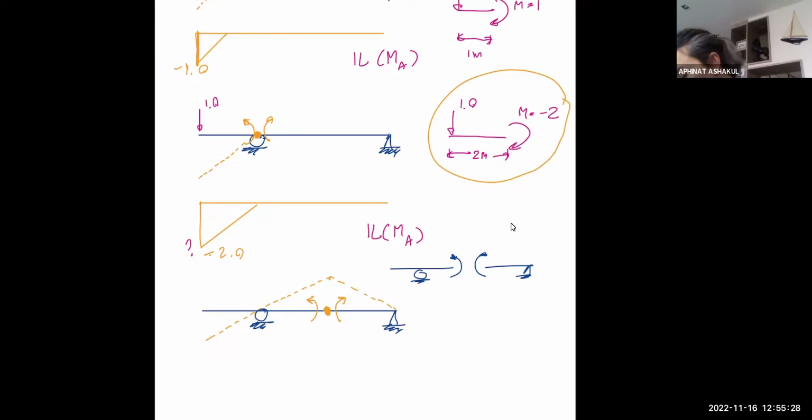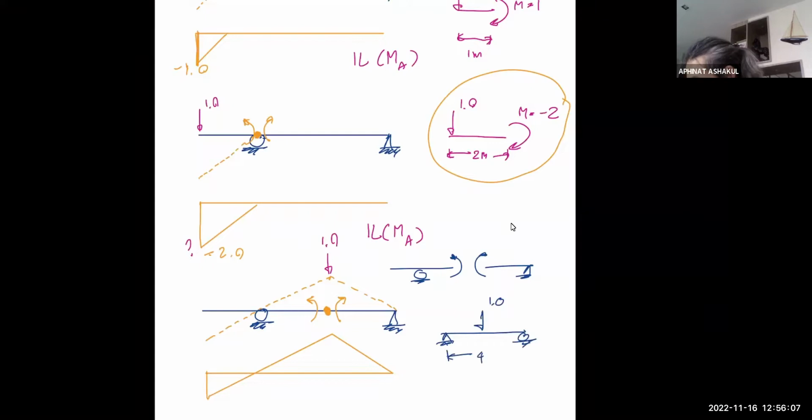So it means the influence line is going to look like this for a moment at C. So what would be the value? The easiest way again to calculate is by applying the unit load here and calculating the moment at C.